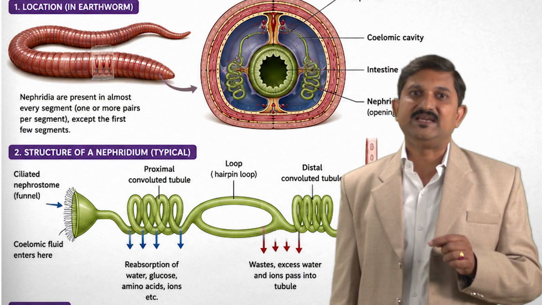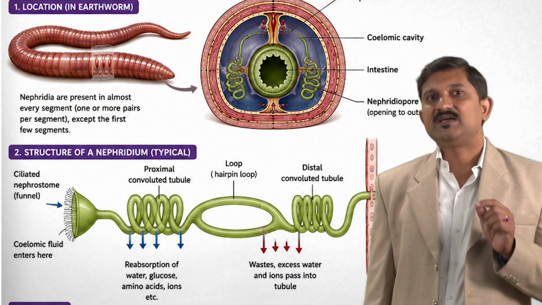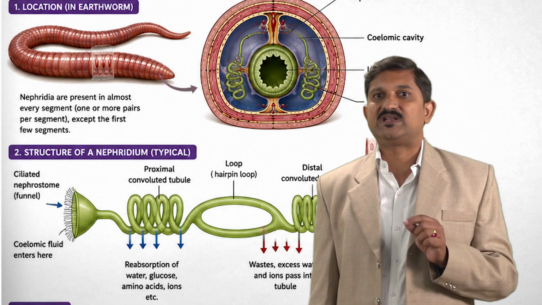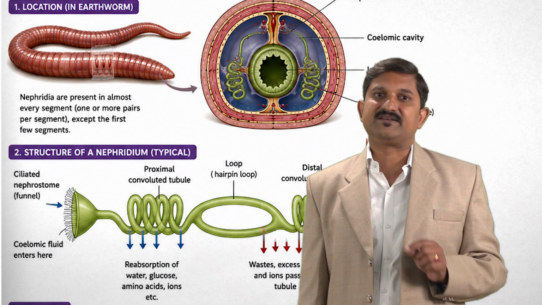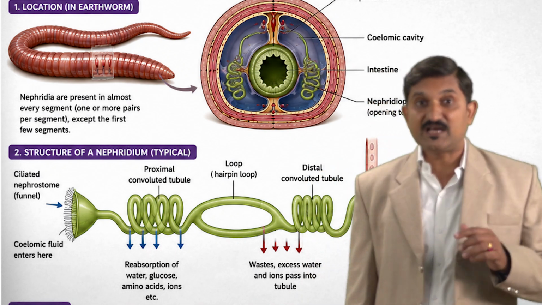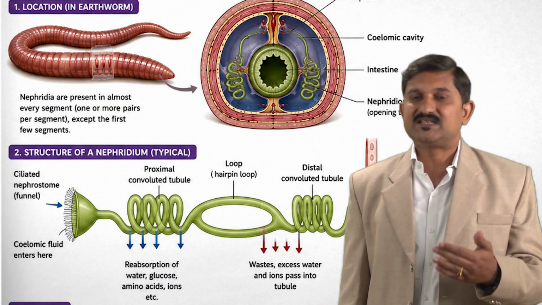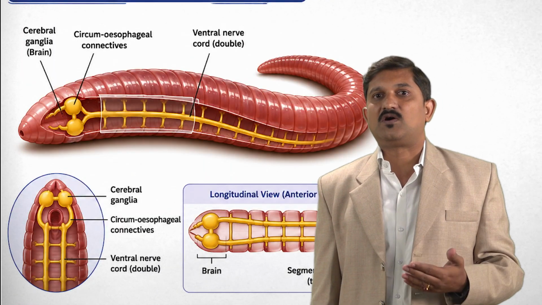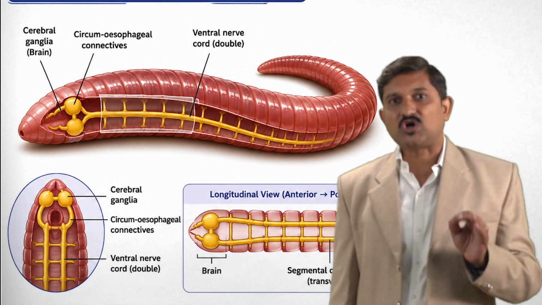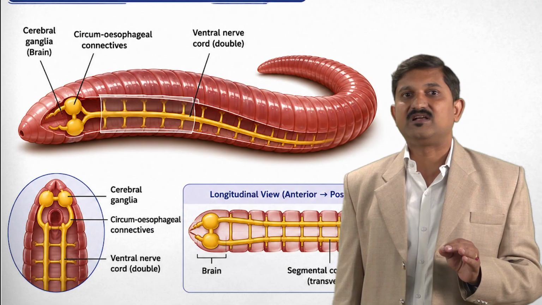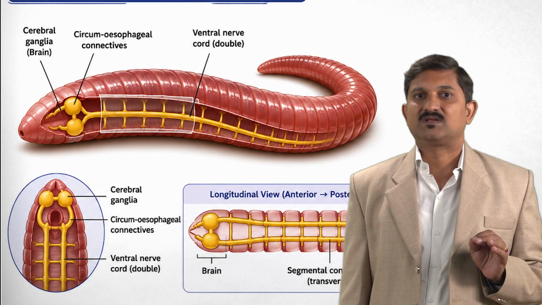One of them being the development of nephridia, which helps in osmoregulation as well as excretion, and ammonia being the chief excretory waste. The nervous system has also seen some development, and this development is in the form of a nerve ring. There is a solid double midventral nerve cord along with ganglia as well.